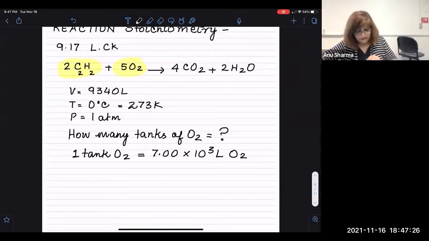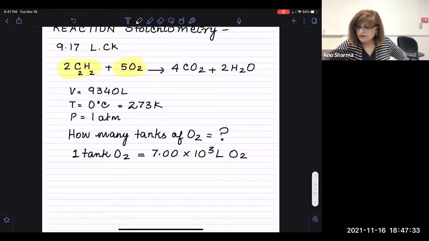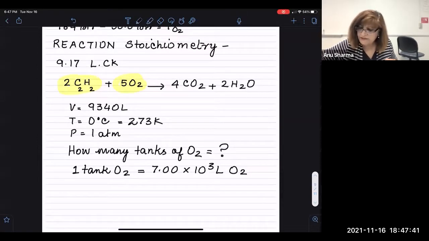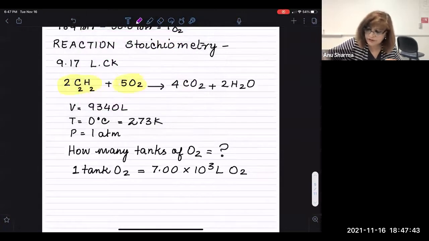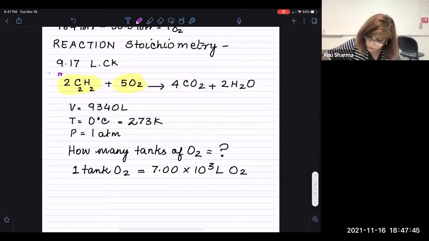So how many tanks will be required? So 1 tank is giving you 7.00 times 10 to the power 3 liters of oxygen. But here's the thing. Yes, we know that in the past, the way we talked about when we talked about stoichiometry, this means 2 moles.